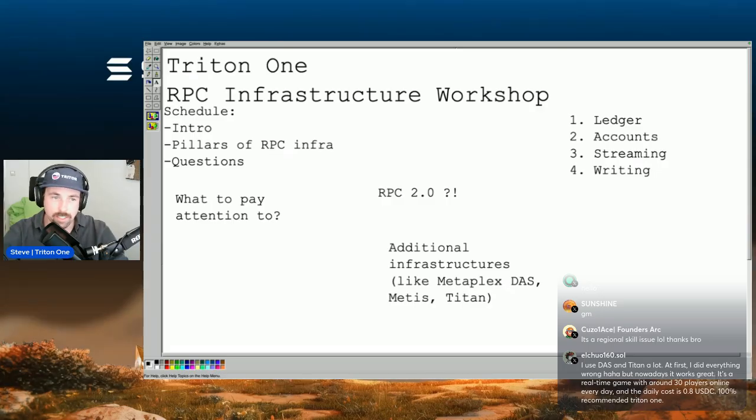And it has access to all services. So ledger data, secondary indexes like DAS API, trading APIs like Metis, like Titan, and high performance transaction sending. So yeah, the best out of the box on Solana for a single deposit.